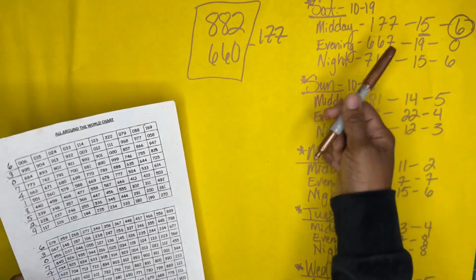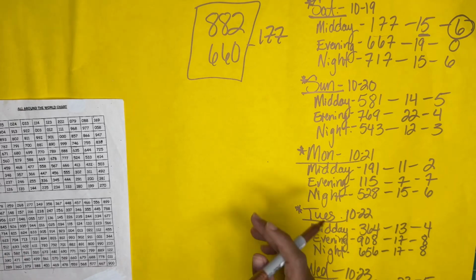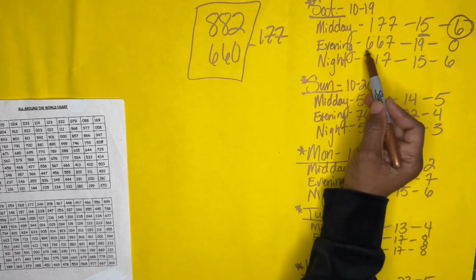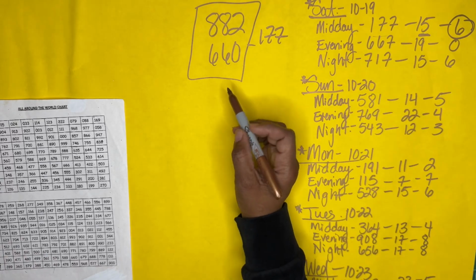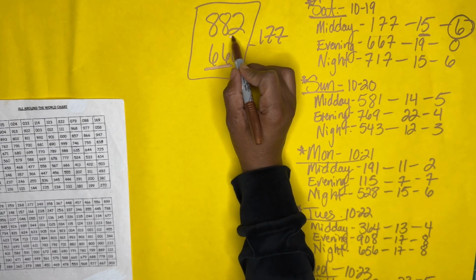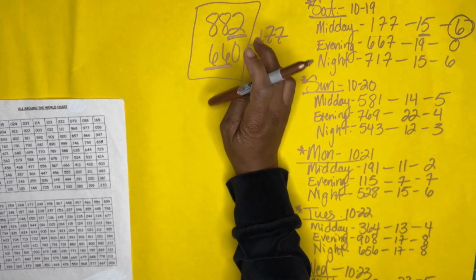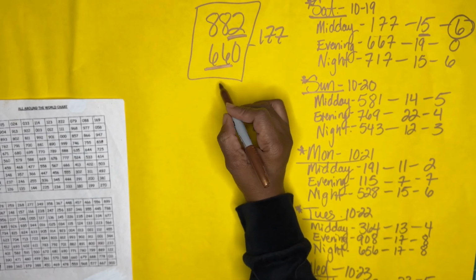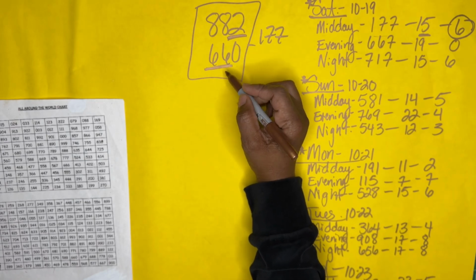Now I'll go to the next, and you can see here the next number was 667. Sometimes they'll do the flip number or the other side of the number. I call them vice versa numbers.